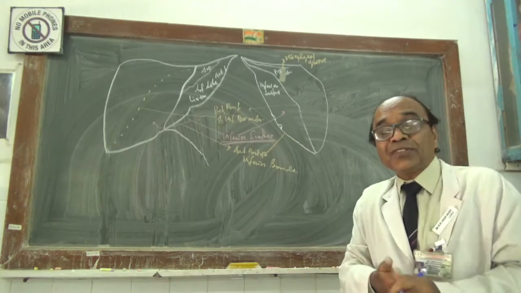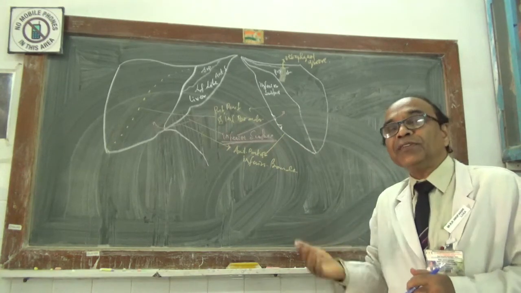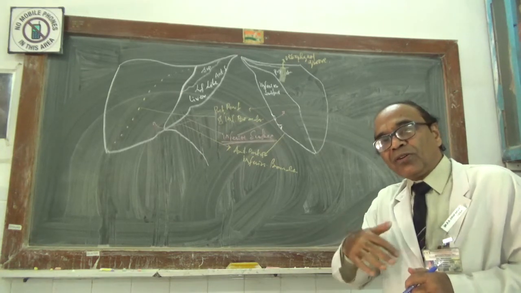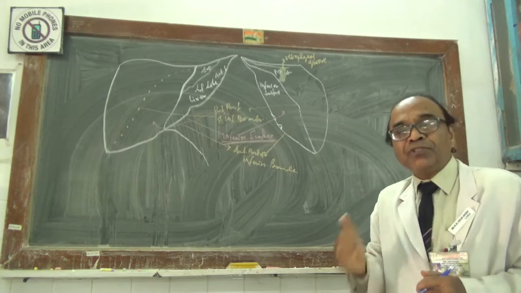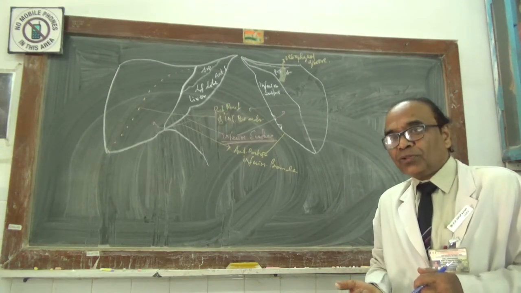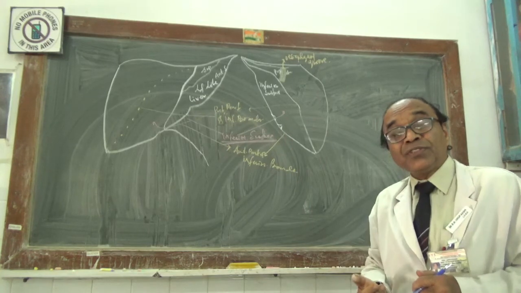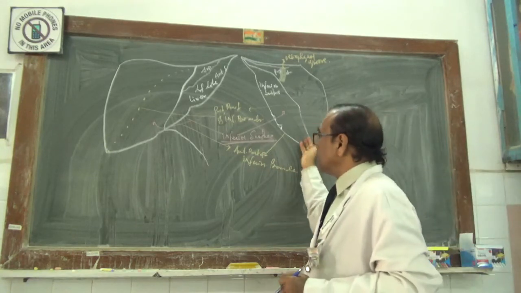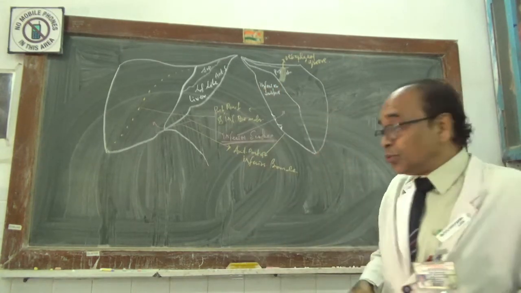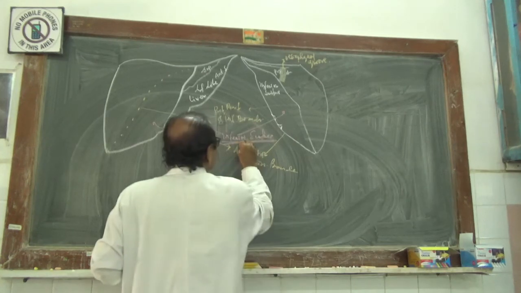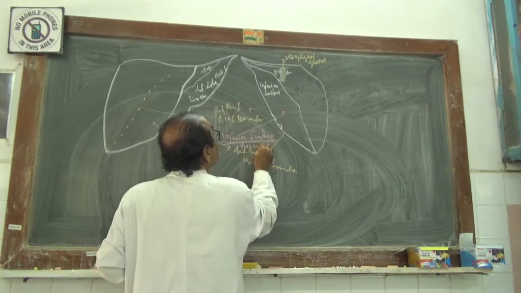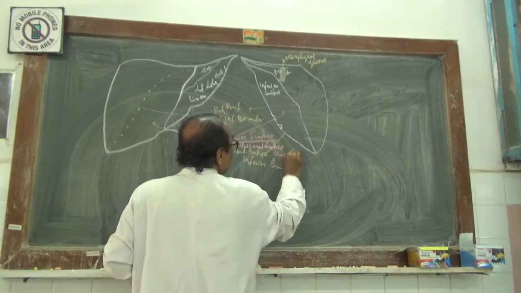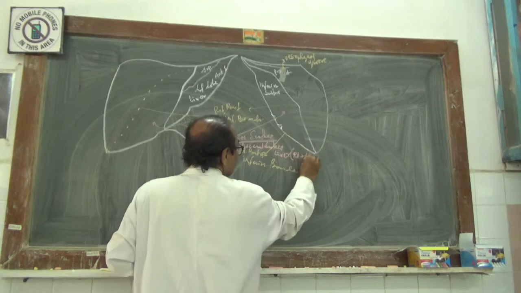And as this inferior surface has many indentations, many impressions of the other organs present in the abdominal cavity, which have been left on the inferior surface of the liver, thereby this inferior surface of the liver, both right and left, is called the visceral surface of the liver.